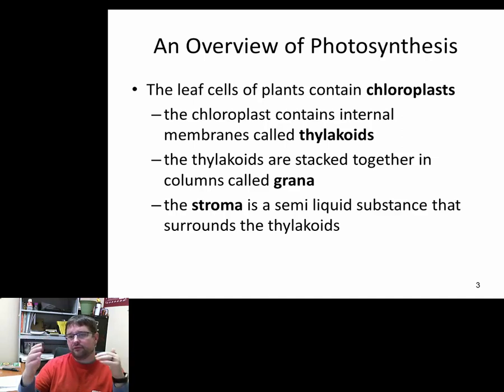These terms are important to know because when we start diving into photosynthesis, I'll talk about protons moving into the thylakoid space or out of the thylakoid space, and ATP being synthesized in the stroma. So I want to make sure you know what I'm talking about when I talk about stroma, grana, and thylakoid.